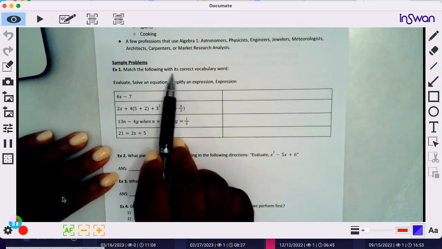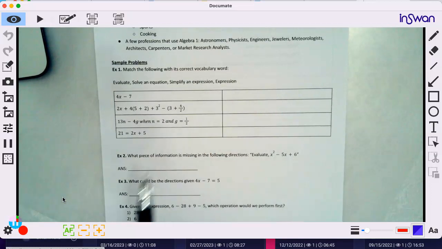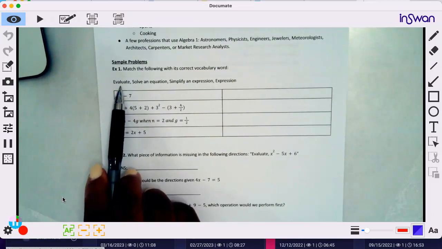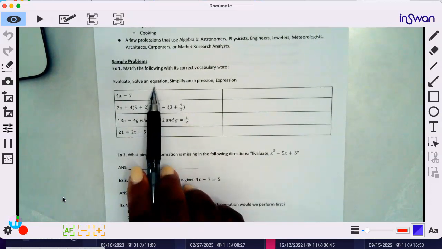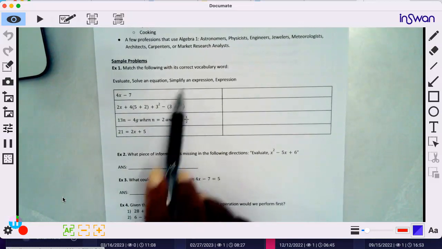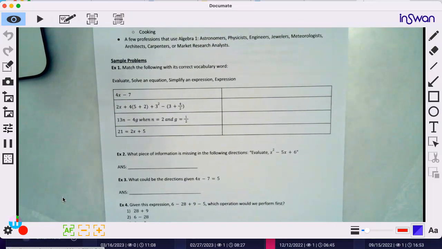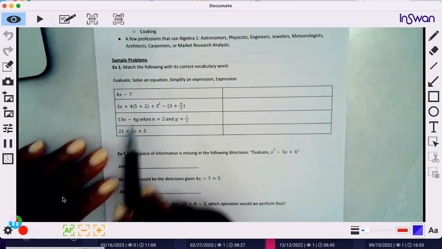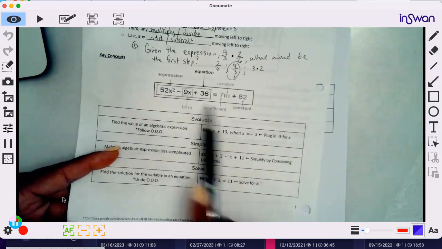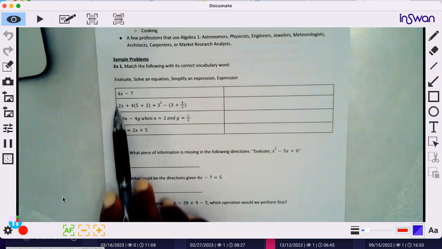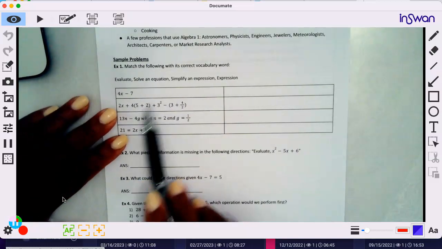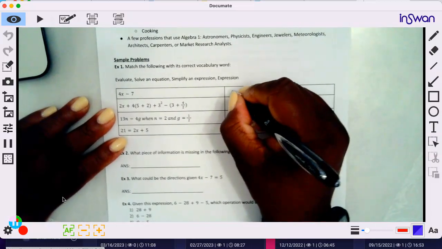Match the following with its correct vocabulary word. So your words that you're choosing are evaluate, solve an equation, simplify an expression, or if it's just an expression. So we can go back to the front page where you were looking at the breakdowns of that. If you need help, go back there. We know that 4x minus 7 by itself is just an expression.